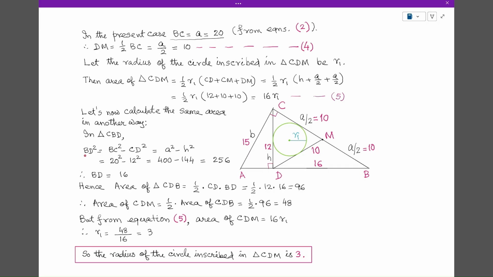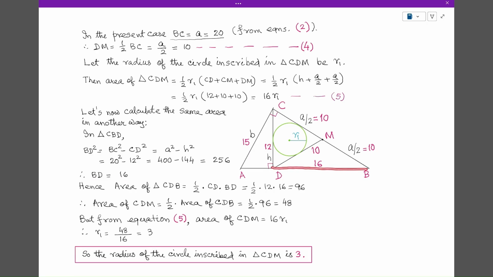BD square is equal to BC square minus CD square, that is hypotenuse square minus the other side square, and that is equal to A square minus H square. A is 20, so it is 20 square. H is equal to 12, so 12 square, and that is equal to 400 minus 144, that is 256. So BD square is 256, so BD is equal to 16. So this length is 16.